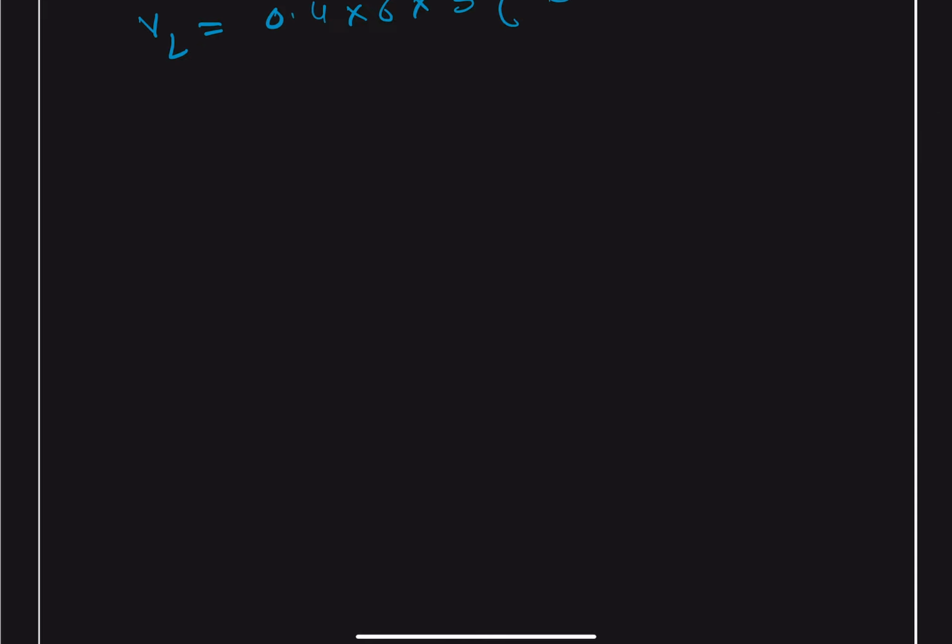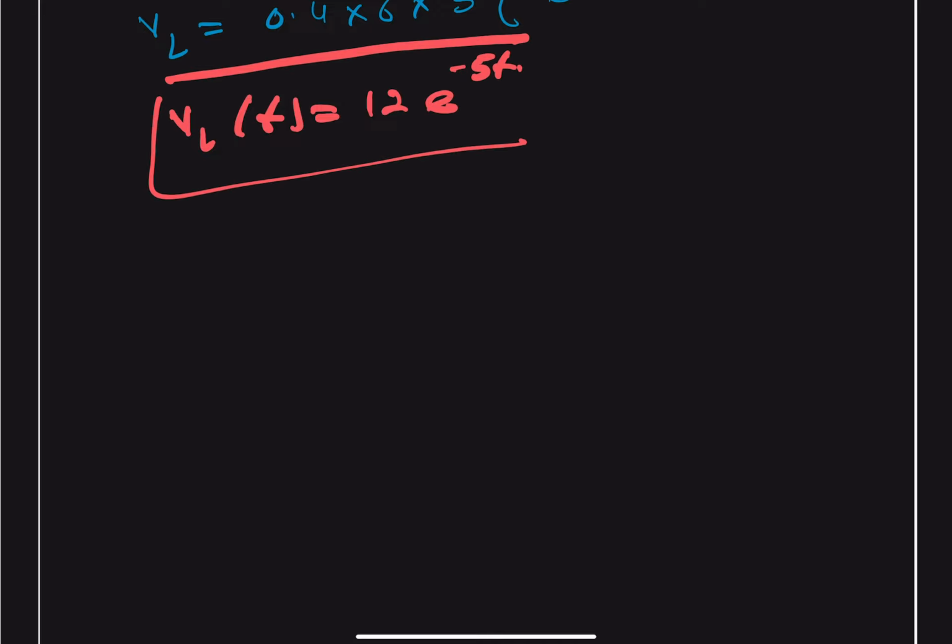We can write VL as a function of time equal to 12 e raised to power minus 5t. So this is the equation of the voltage across the inductor as a function of time when the switch is just closed at t equal to 0 positive.